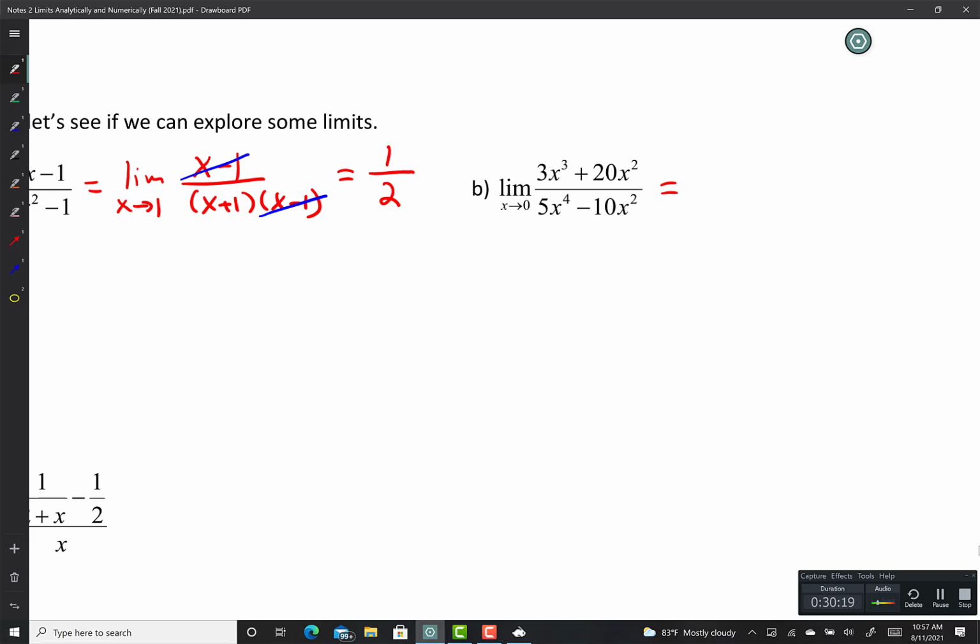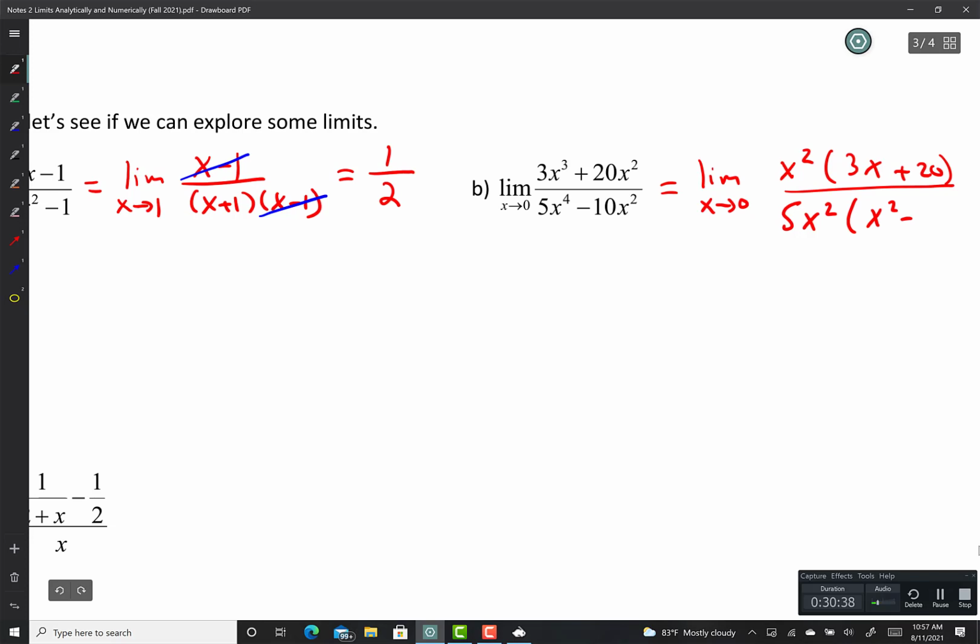What can I factor out in the numerator? An x squared. Perfect. Factor out the x squared, you're going to get 3x plus 20. In the denominator, what else can I factor out? Okay, let's factor out the 5x squared. If you factor out a 5x squared, you're left with x squared minus 2.